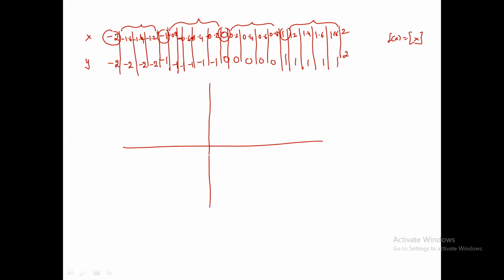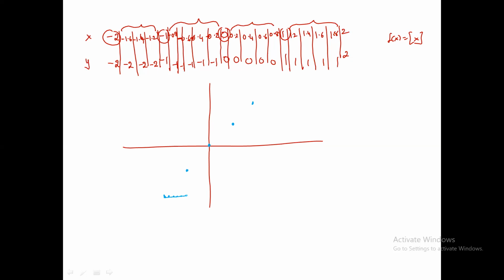So you will have -2, -2, -1, -1, 0, 0, 1, 1, 2, 2. Something like this you will have. But for -2, -1.6, -1.4 until -1, the answer will be -2.